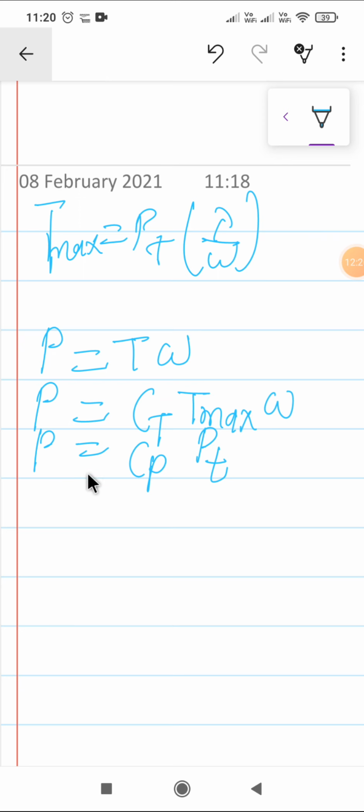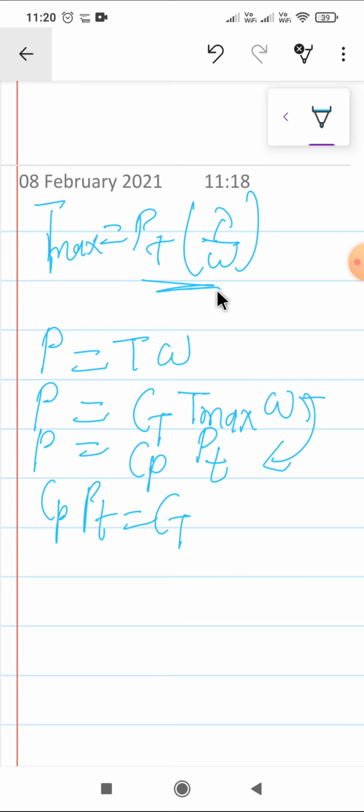On the one side we have Cp into Pt. On the other side we will compare both equations. On the other side we have Ct into T max. We will use the equation of T max: Pt into lambda by omega, into omega.